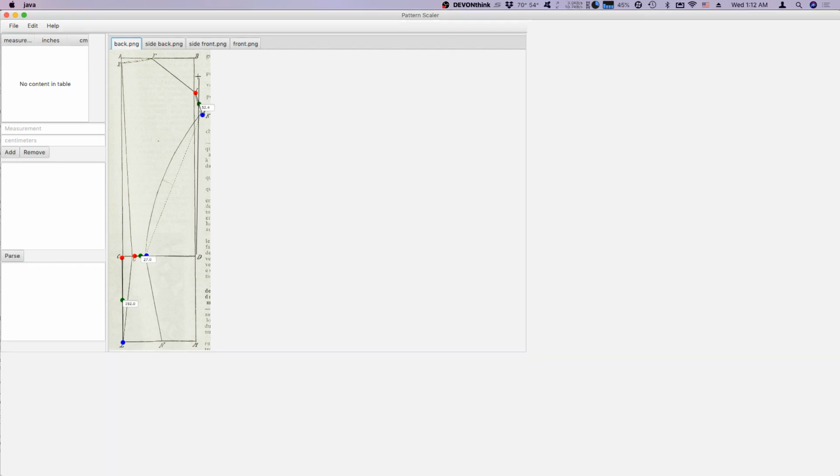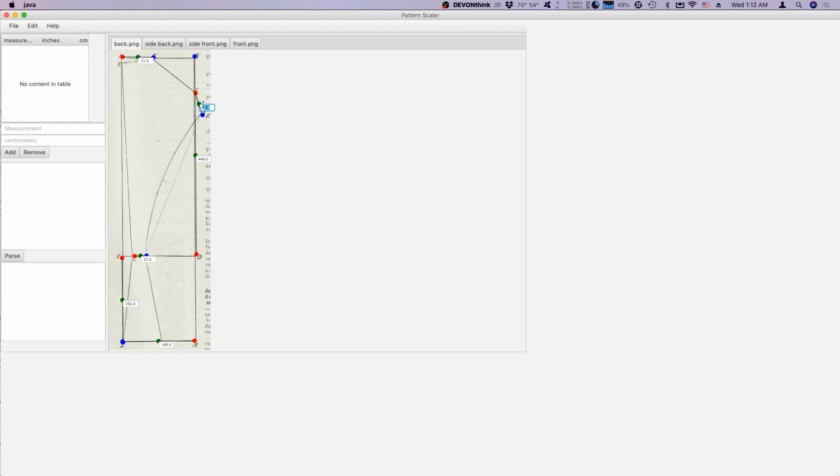This would be the back length plus 1 centimeter, and A through F is 71 right here, but of course that's wrong. And finally, the width of the piece.